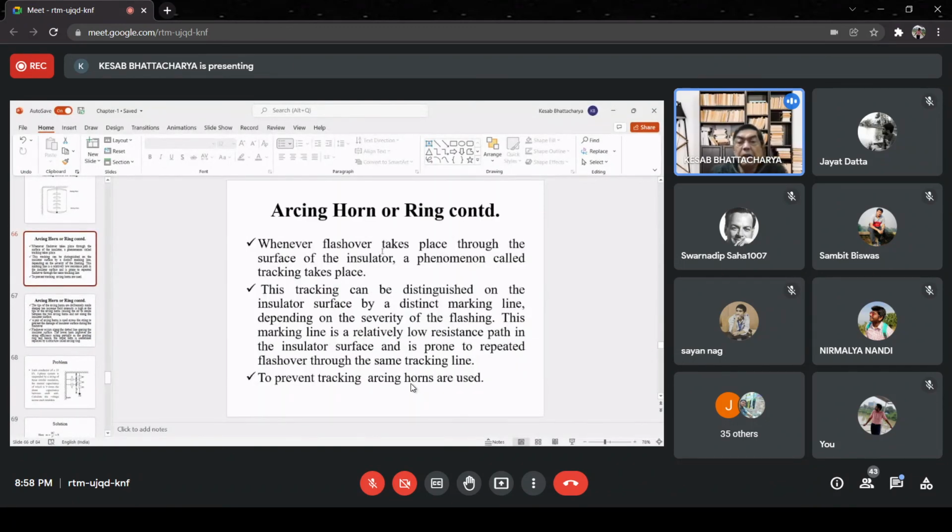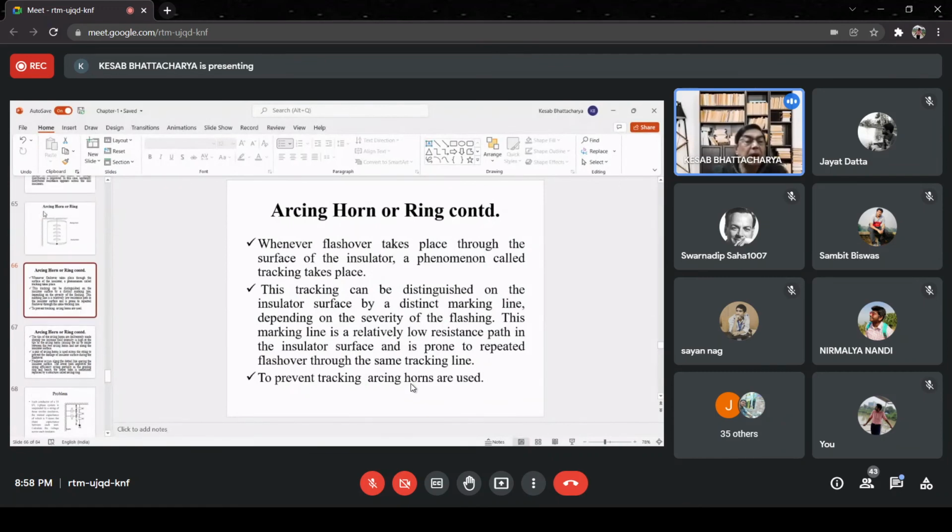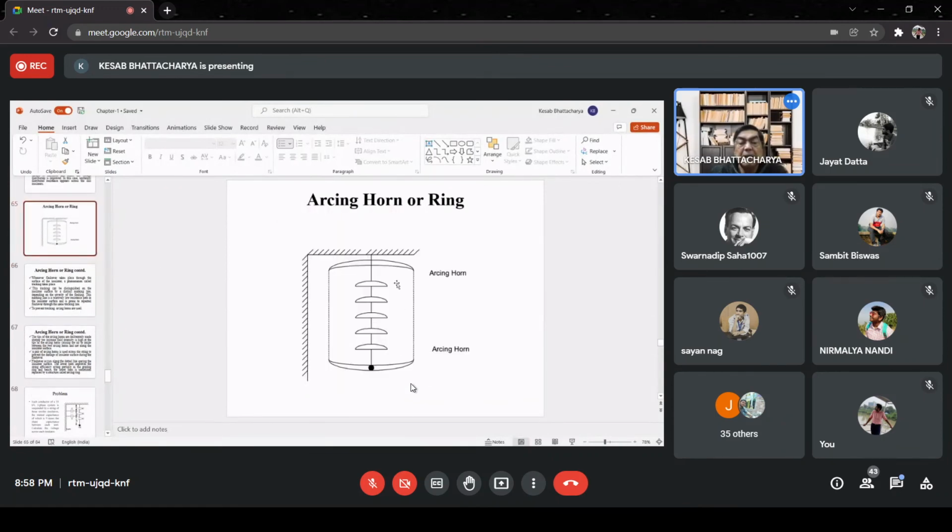Arcing horn or ring. Yes. Now you see, this is one suspension insulator. Sometimes you will see that at the top of the insulator, and also at the bottom, two rings or horns with sharp ends are provided. The upper ring or horn is connected to ground potential and the lower one is connected to live potential.